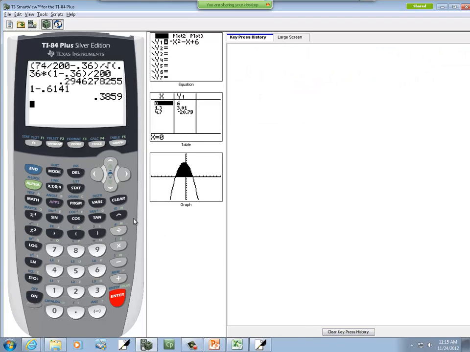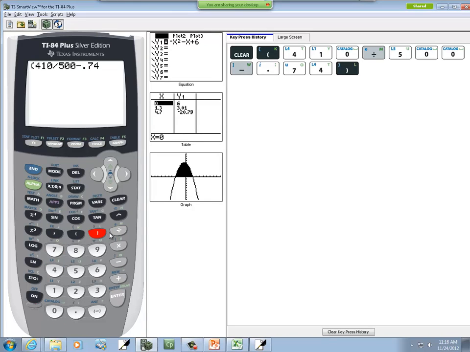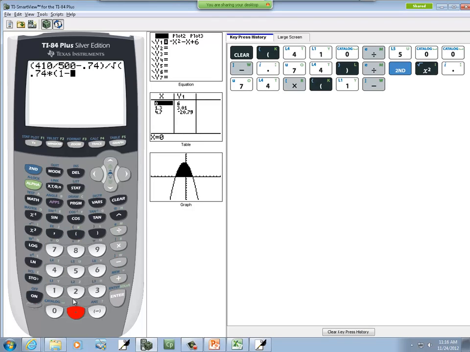Okay, so let's see what we get. I'll do a beginning parentheses 410 divided by 500 minus 0.74, close parentheses divided by second x squared 0.74 times beginning parentheses 1 minus 0.74, closing parentheses divided by 500.